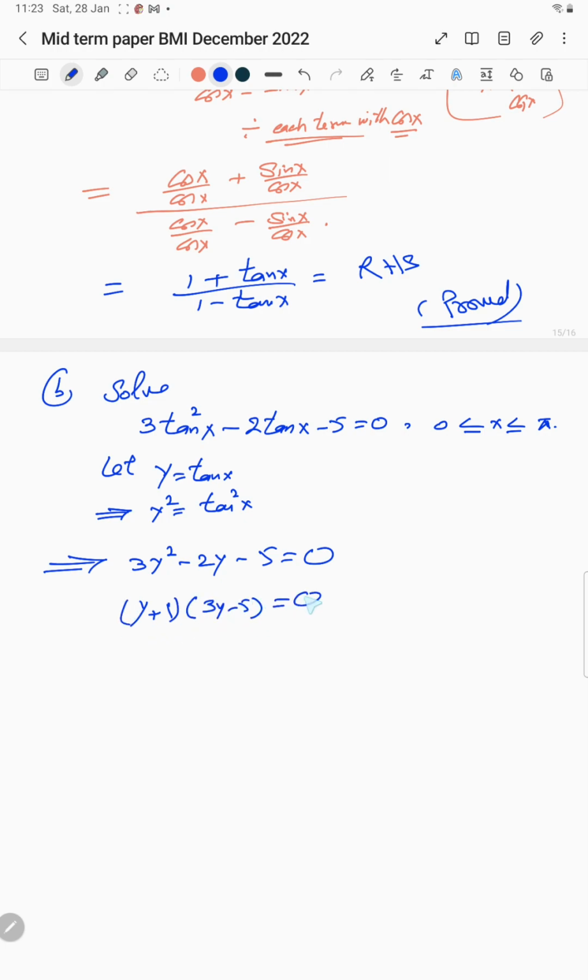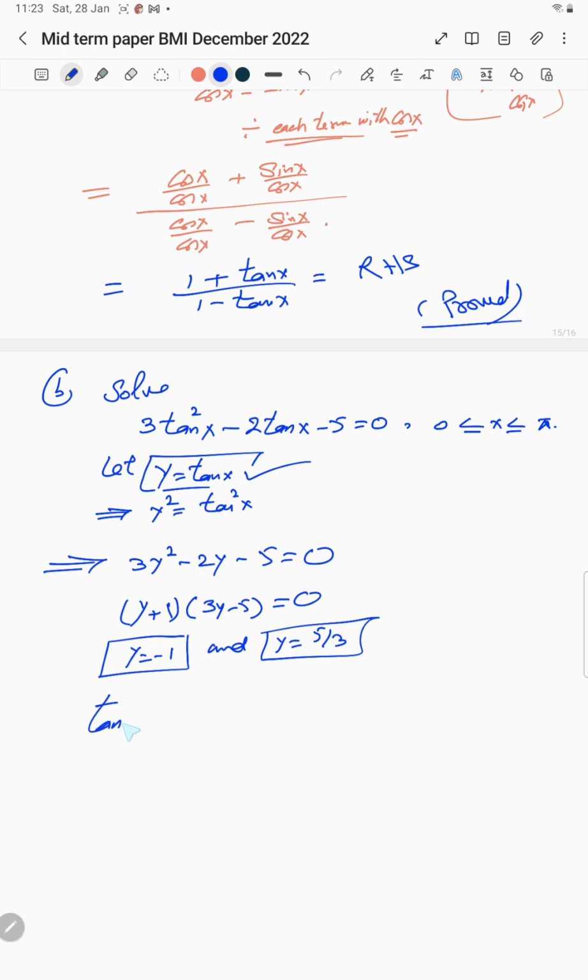I applied the mid-term break rule, so y is equal to minus 1 and y equal to 5 by 3. Two values of y. So now replace the y with what we started from.